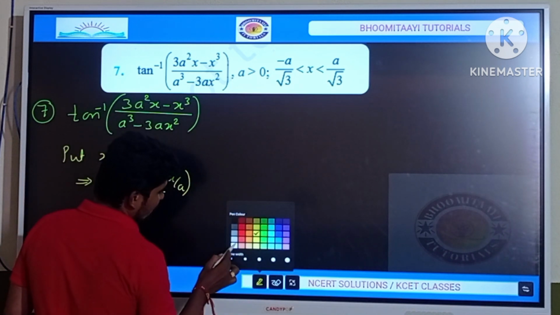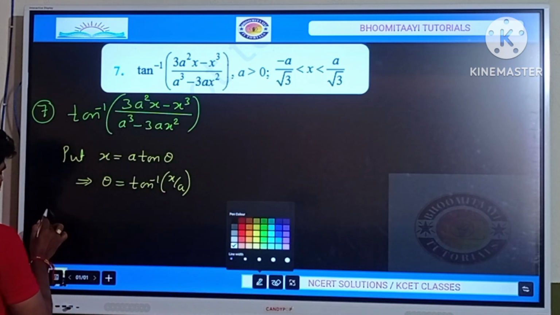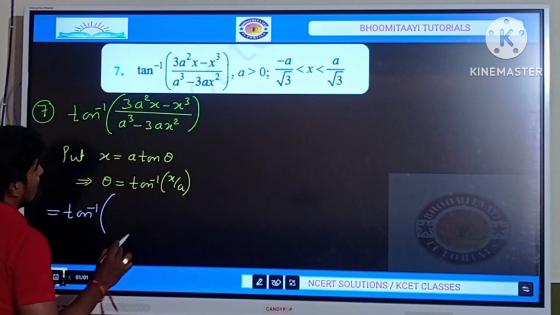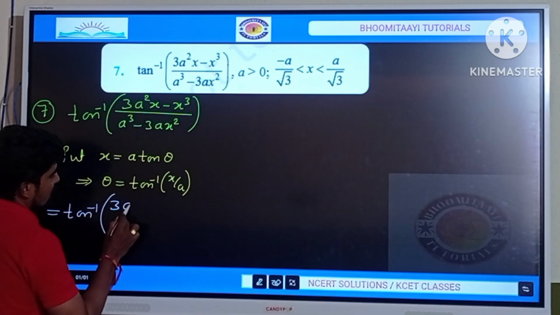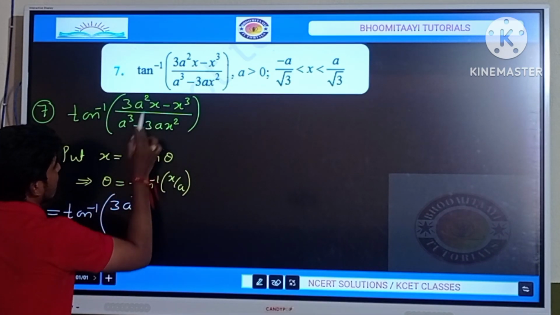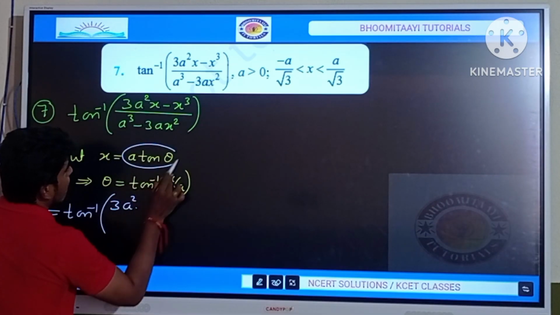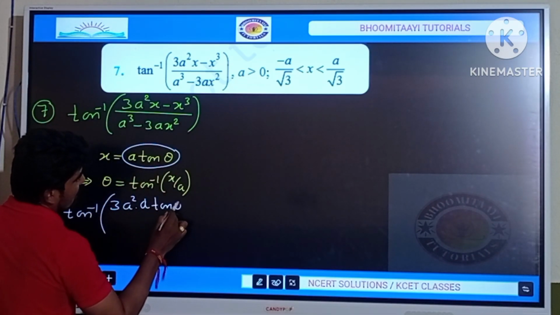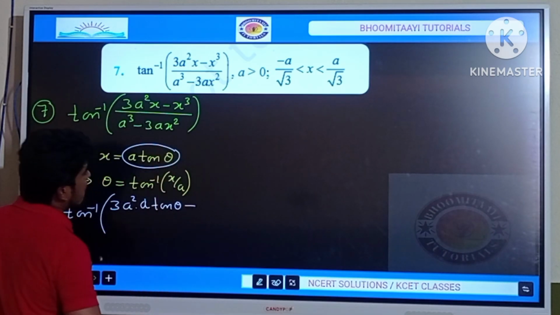By this substitution, the given inverse trigonometric function becomes tan inverse of 3a square into x. What is x? x is a tan theta, so a tan theta minus x cube.